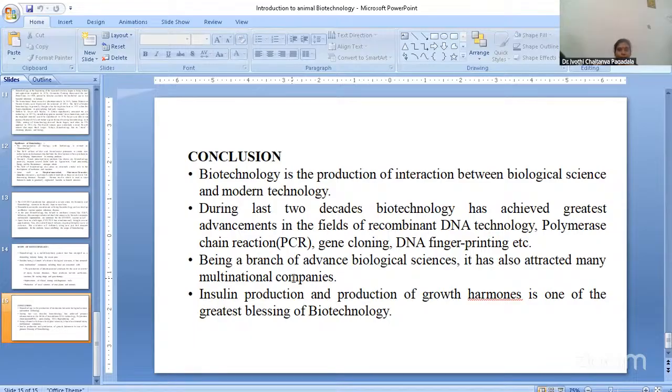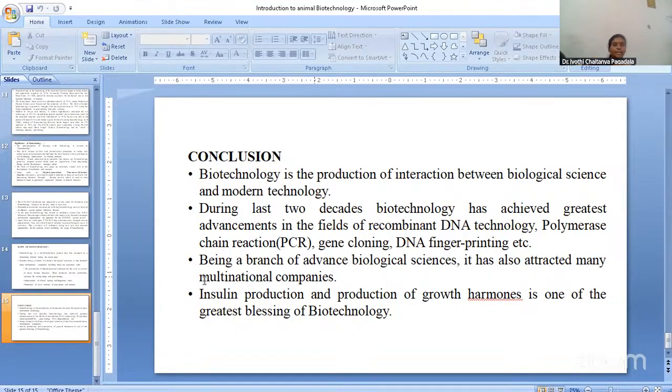So biotechnology is the interaction between the biological sciences and modern technology. During the last 2 decades, biotechnology has achieved the greatest advancement in the field of recombinant DNA technology, polymerase chain reaction, gene cloning, and DNA fingerprinting techniques.